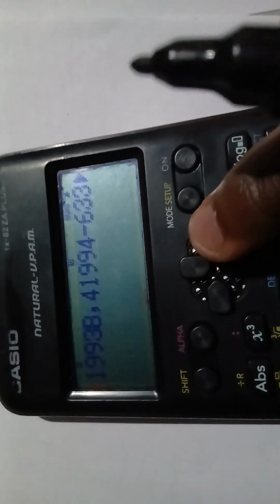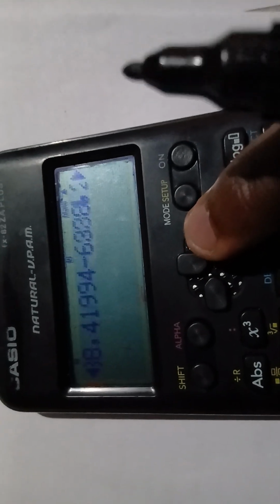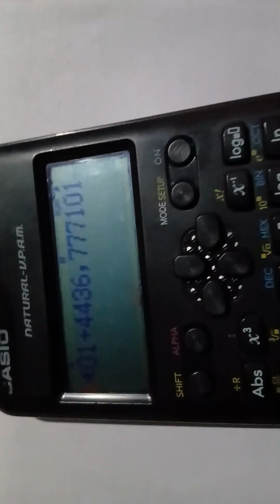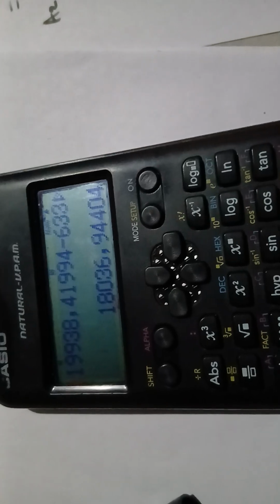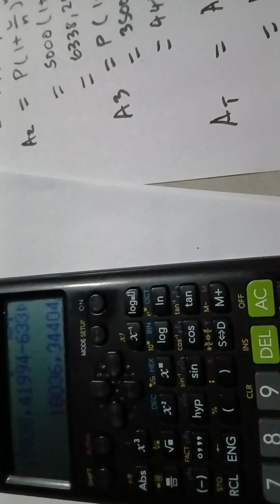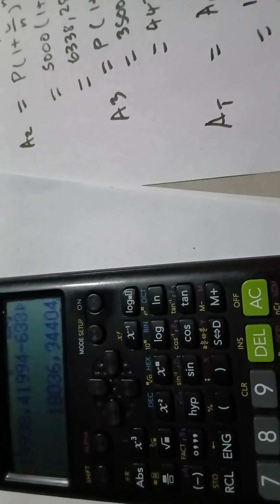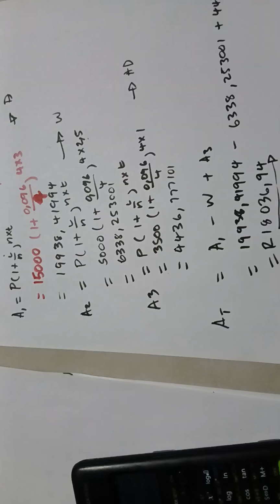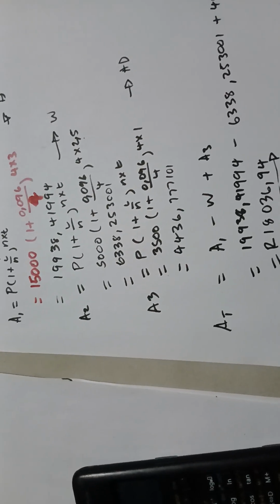You take that 19,000, subtract the one we got for the withdrawal, and add the interest of the additional deposit, then press equals, and you have your final answer, which is 18,036 rands, 94 cents.